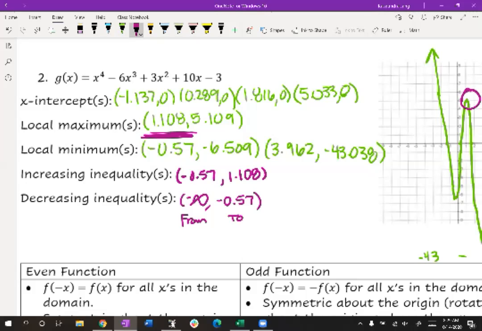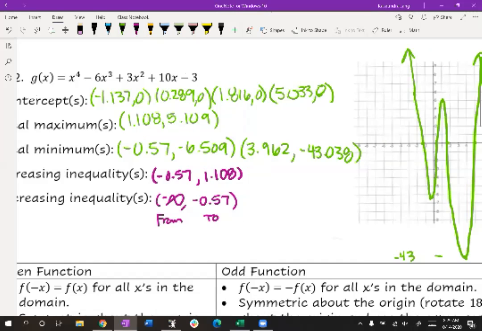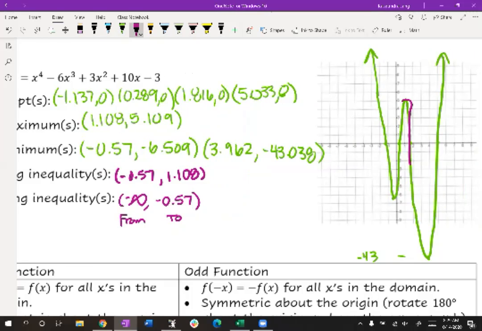Again, I'm looking at x values, because I go left to right, and left and right are x's. All right. So let's pick it up from there. If I keep going after that, now I'm decreasing until there you go. Do I want to stop at the negative 43 then?